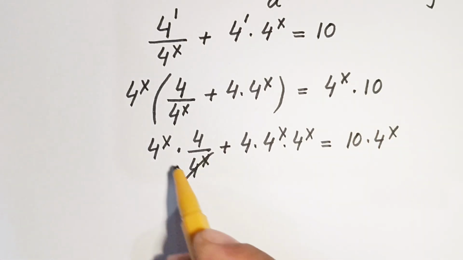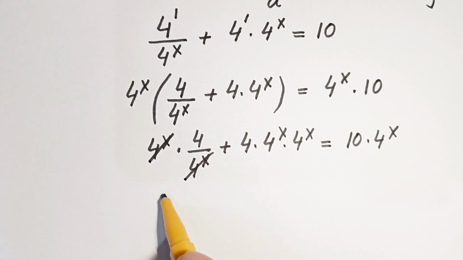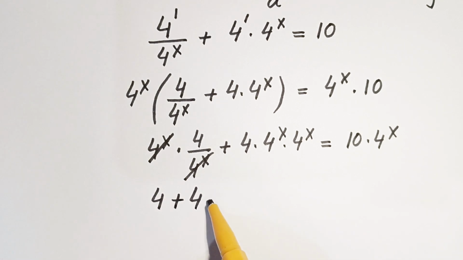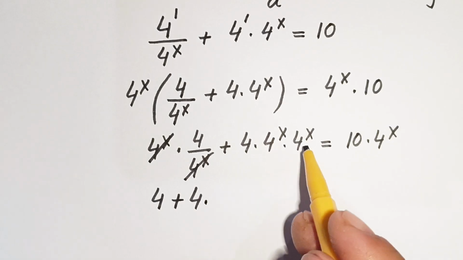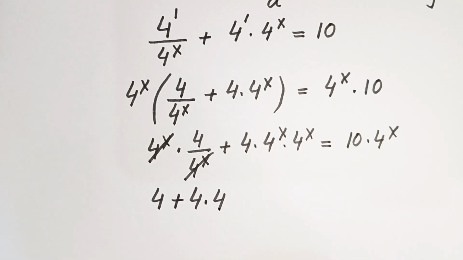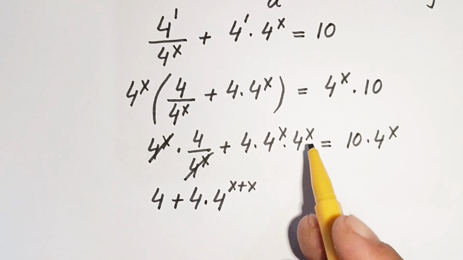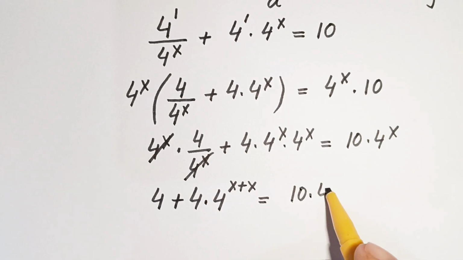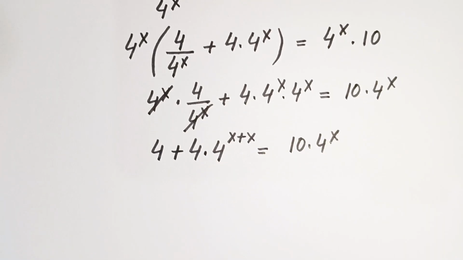Now this 4 to the power x can be cancelled, so we get 4 plus 4 times, the bases are the same so we just write 4, and x plus x, the exponents are added here, equal to 10 times 4 to the power x.